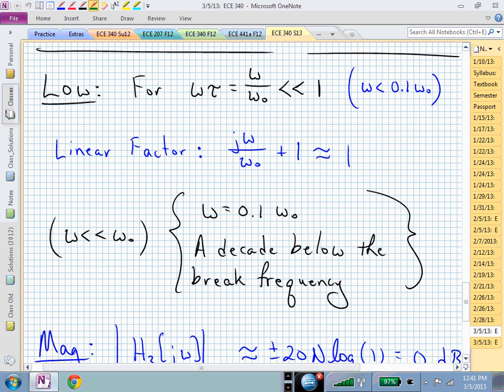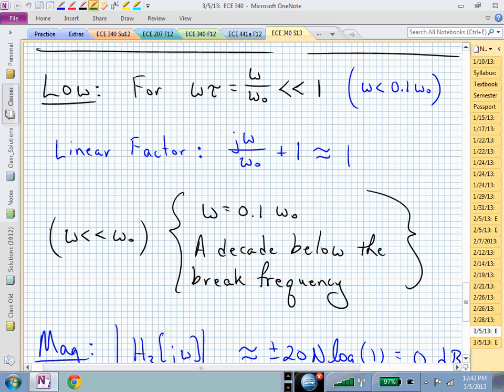Or we're really saying if you plugged in omega equal to 0.1 omega naught, you're saying, oh, a tenth is much less than 1. That's the approximation that we're using. We're saying that 1/10 is much smaller than 1. If this is now 1 plus j 0.1, we're simply going to approximate that by 1.